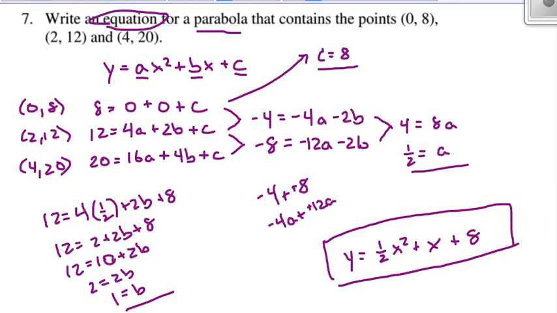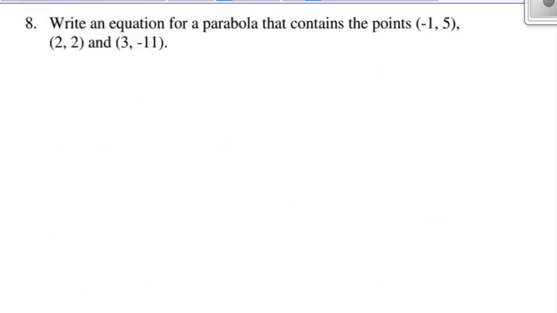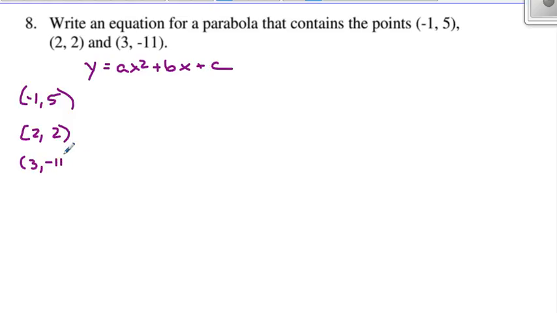All right, let's move on and do the same process on number 8. So number 8, again, I'm going to write y equals ax squared plus bx plus c, just for reference. I'll list out my points, (-1, 5), (2, 2), and (3, -11). And I'll plug them in. So 5 equals, when I square negative 1, it becomes positive.